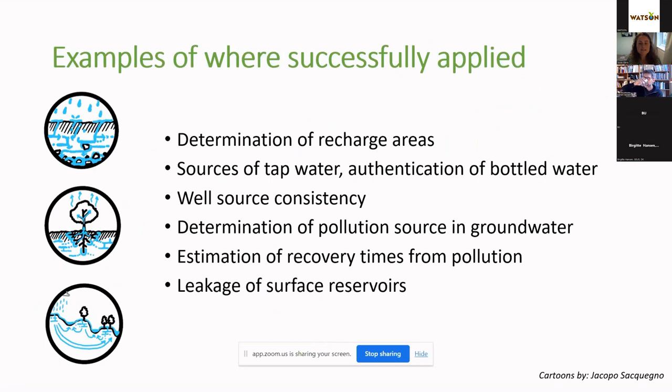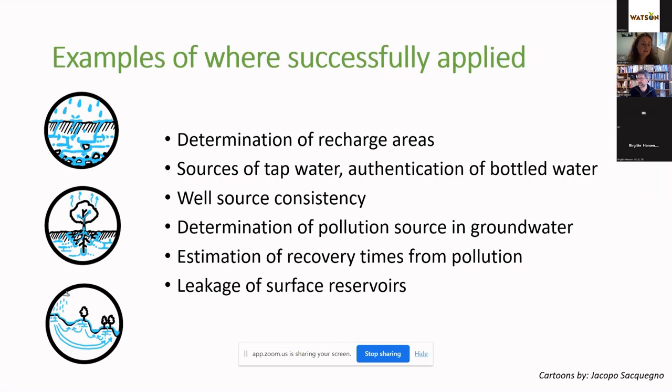So in a recent meeting of Watson members, we collected information on where and how stable isotopes have previously been applied to water resources management challenges. And I've just put a few on the screen here, and they include the determination of recharge areas, which were then being managed for land use. Separating out sources of tap water: is this fairly recent surface water or older groundwater that is coming out of the tap?